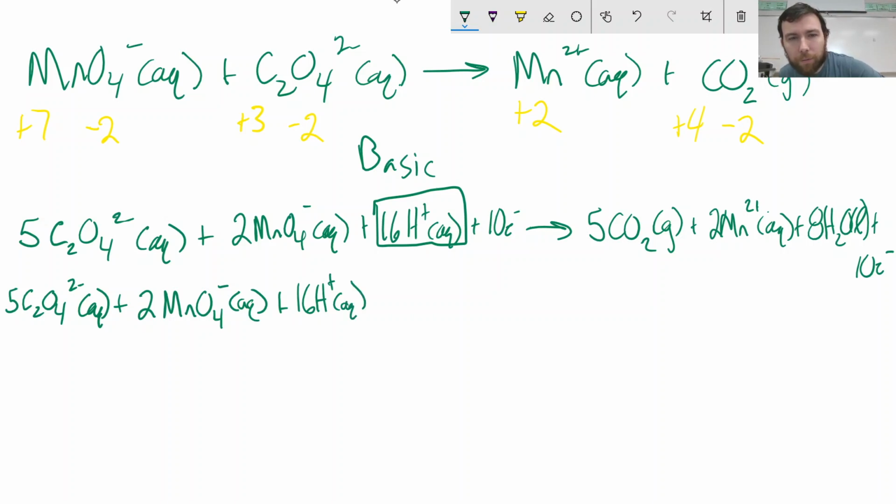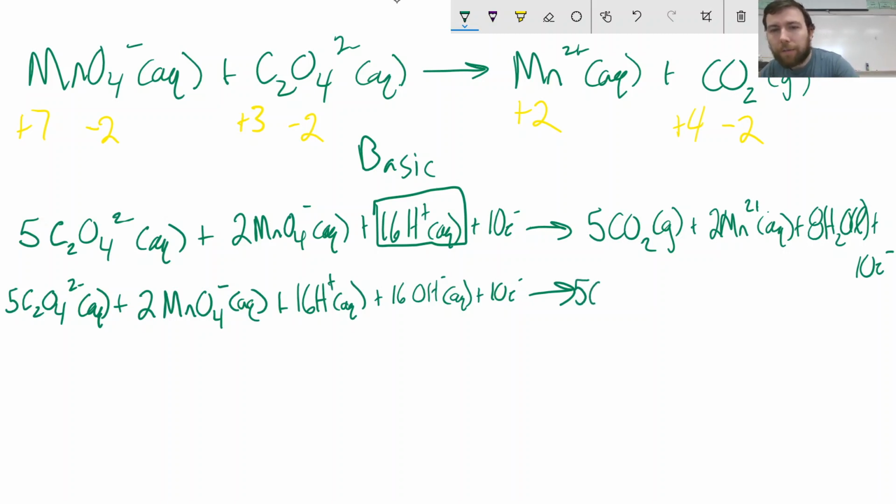To balance out those hydrogens, we're going to add plus 16 OH- plus 10 electrons, which is going to produce, oh boy, didn't leave myself more room, did I?